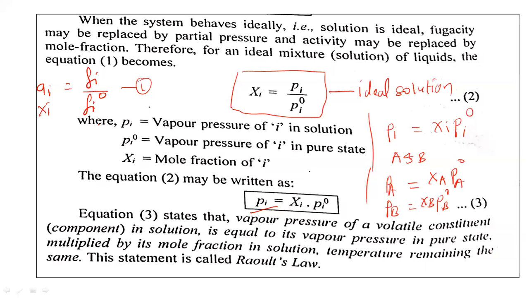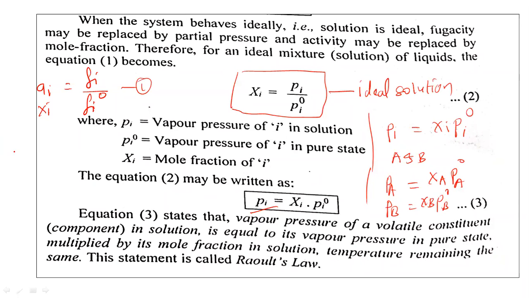It is applicable for ideal solutions. So Pi is equal to Xi into Pi0: the partial pressure or vapor pressure of a volatile constituent in a solution is equal to its vapor pressure in pure state multiplied by its mole fraction.